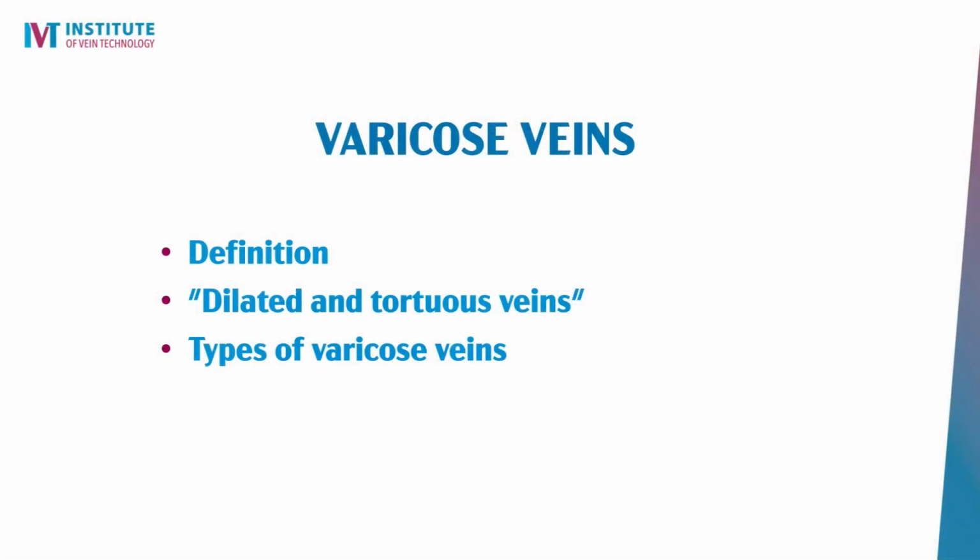And there are a lot of types of varicose veins actually. For academic purposes, the CEAP classification is a very complex classification, and as I told you, much more academic.